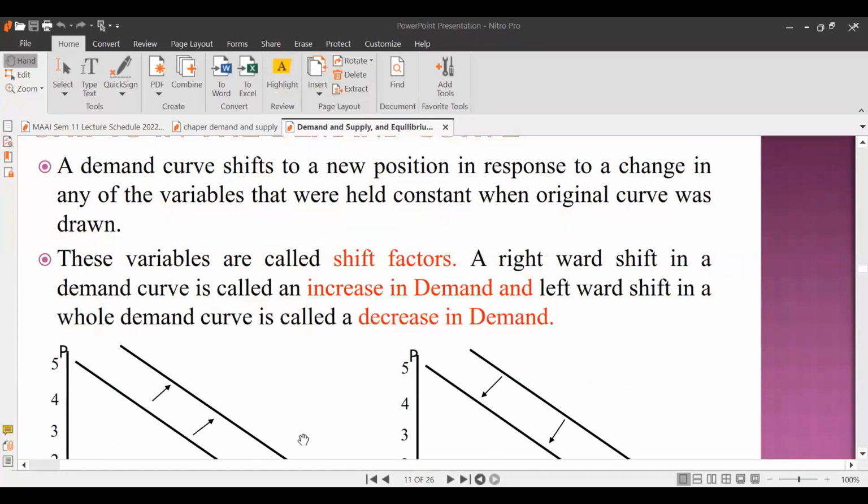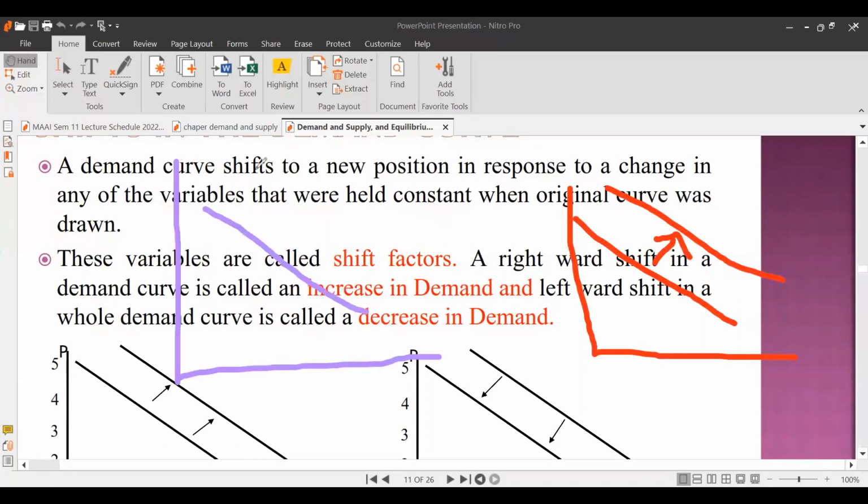So for example, if there's an increase in income, what will happen to the demand curve? Most probably that will shift to the right hand side. And if there's an increase of taste, that also shifts the demand curve outward.